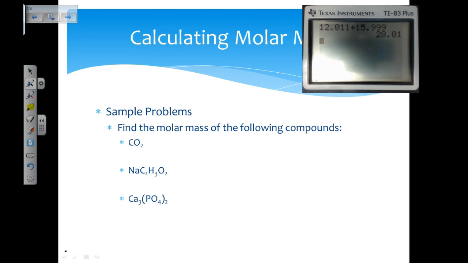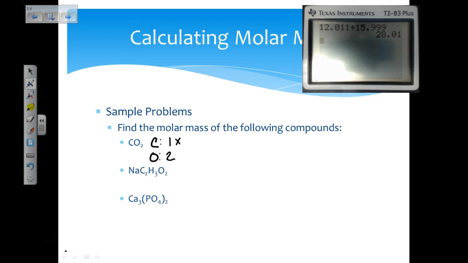So I have my pen ready. So I know that this is made up of carbon and oxygen. Carbon, how many of them are there? CO2. There's one atom of carbon, or 1 mole of atoms of carbon. And how many moles of atoms of oxygen are there? There are 2 moles of atoms of oxygen.